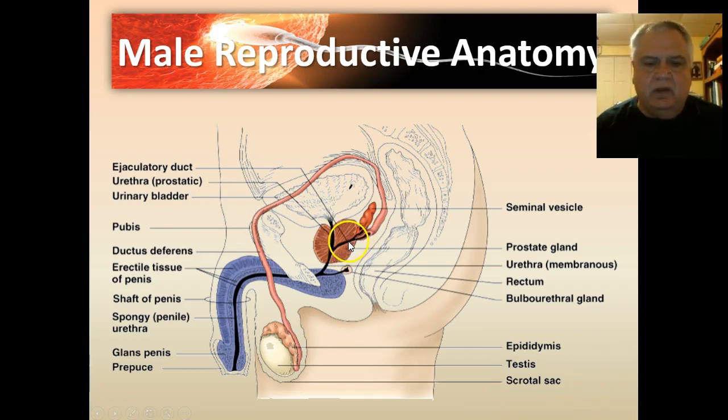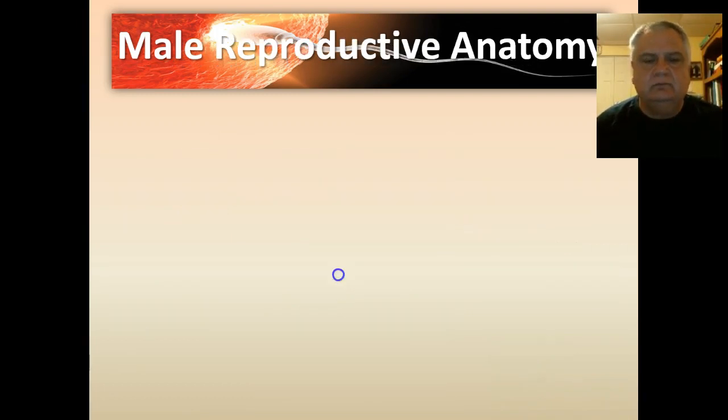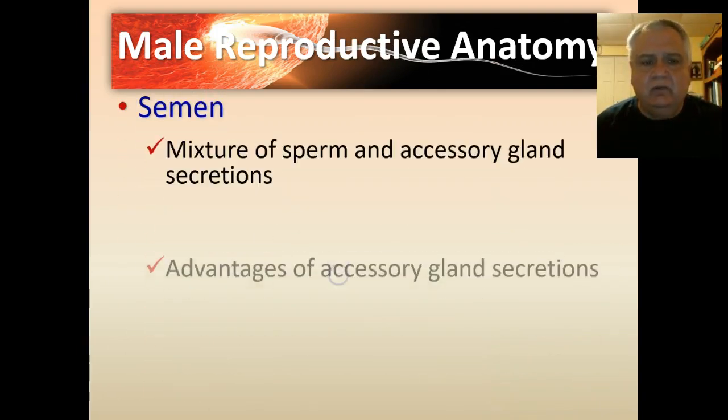The tube of the seminal vesicle combines with the vas deferens here. Okay, and then here's the location of the Cowper's gland. So the seminal vesicles, the prostate gland, and Cowper's gland are all going to contribute their secretions to the formation of semen. So what is semen?